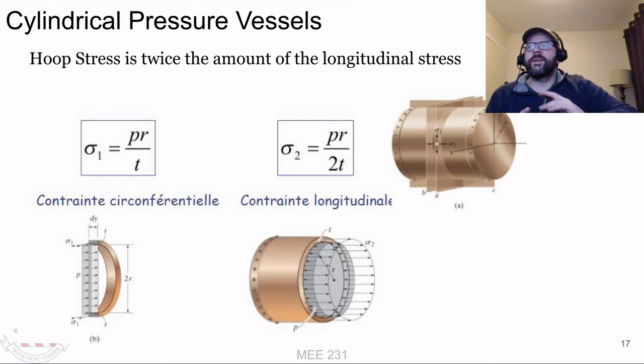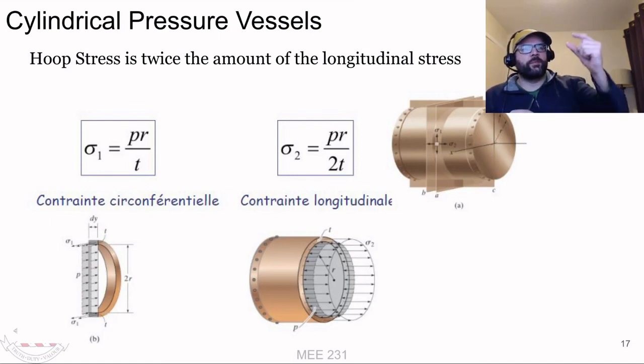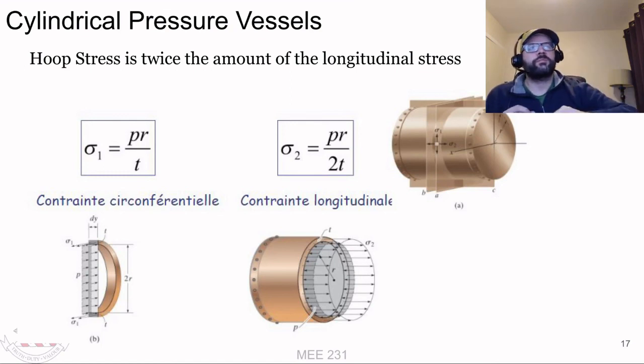We do have radial stresses that technically exist. The radial stresses are basically the pressure that exists in the direction from the inside moving outwards.